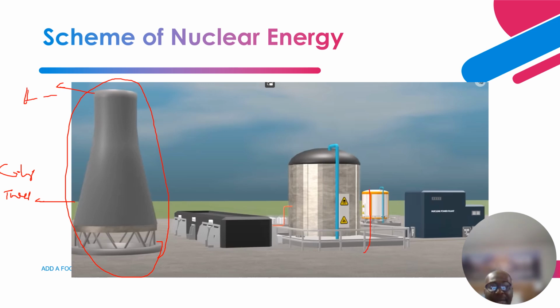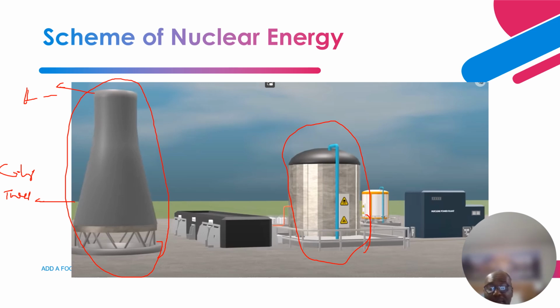Over here is the reactor containment. This is made of thick, very reinforced concrete, that has the nuclear material that is going to be used for the nuclear fission action.